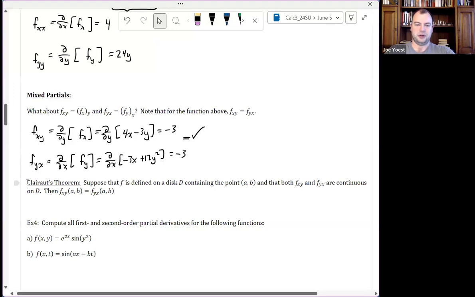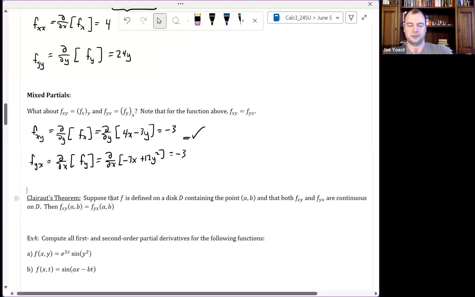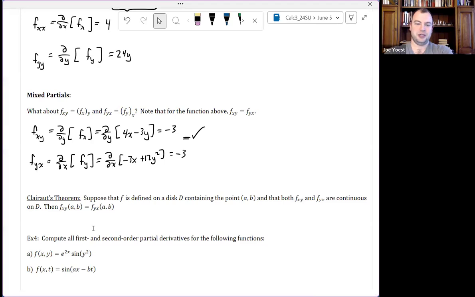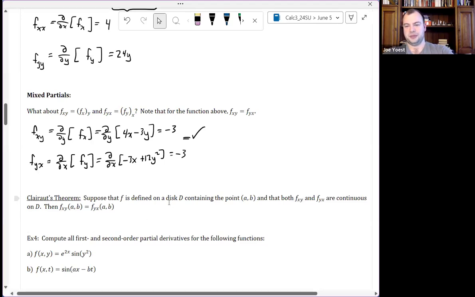Well, we have a theorem called Clairaut's theorem, and it says that if the mixed partials exist and are continuous, then they are equal. Not just if they exist, they're equal, but they have to exist and be continuous on some disk containing the point we're interested in.